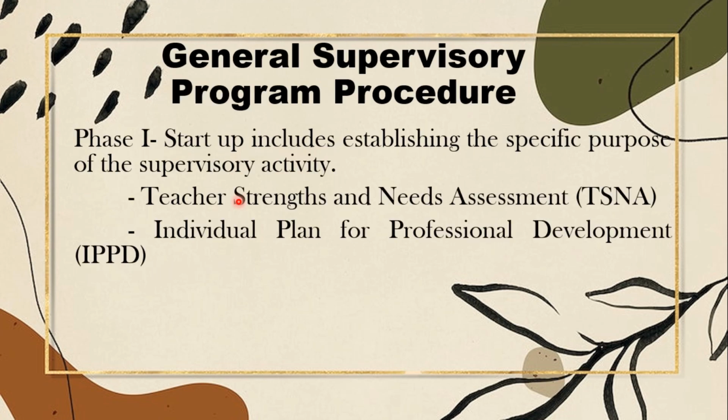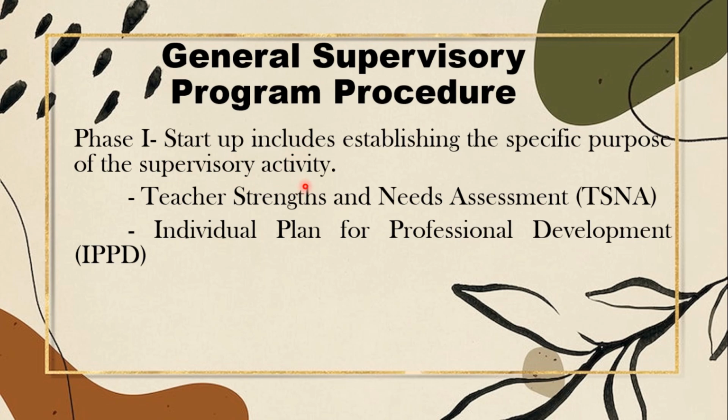So let us now proceed to the general supervisory programs procedure. The supervisory programs of the Department of Education go with three phases, which are the start up, the build up, and the closure before move on. In phase 1, the start up includes establishing the specific purpose of the supervisory activity.